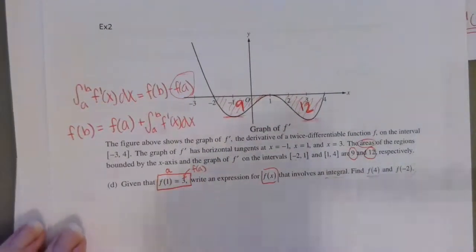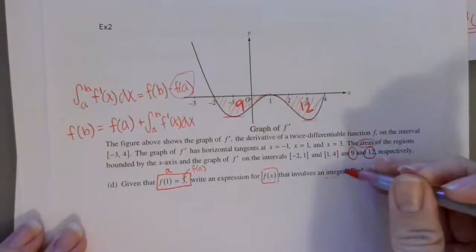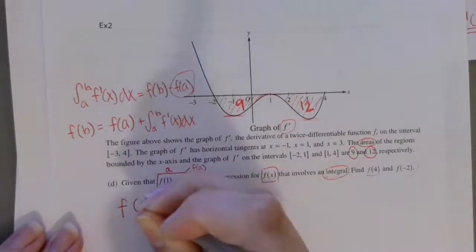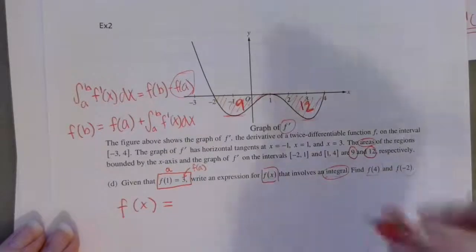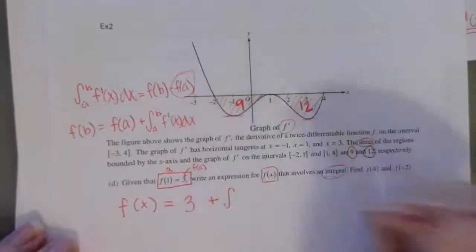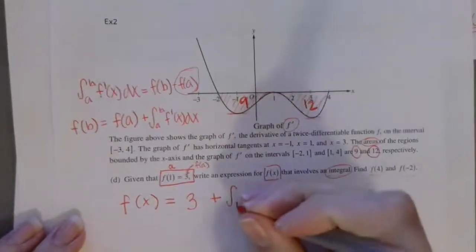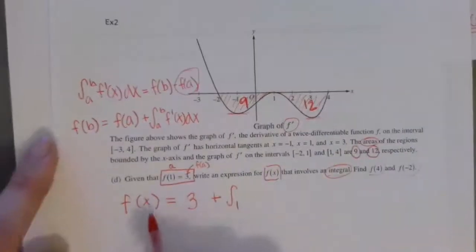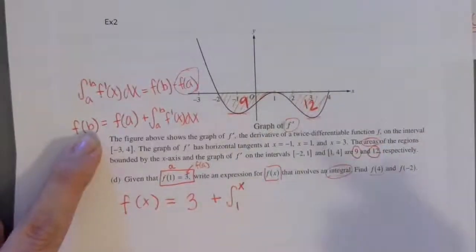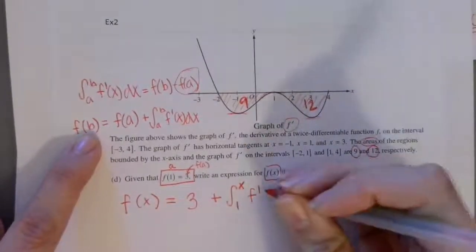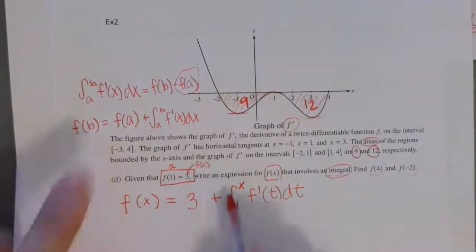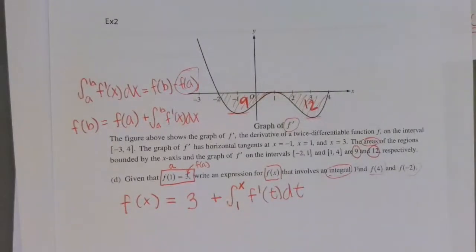So if I want an expression for f of x involving an integral and f prime, I can say that f of x equals my starting value 3 plus the integral from where I started to, look at this, x is going to be your b value, to x of what graph am I integrating? F prime. F prime of, we're going to use the dummy variable t, dt. That's my expression for f of x that involves an integral.